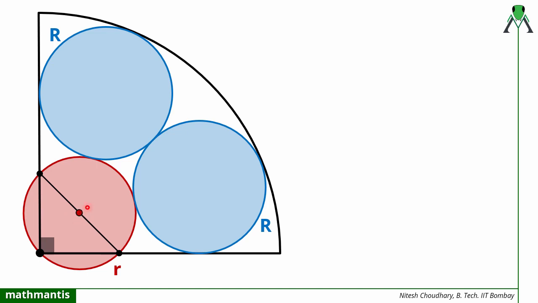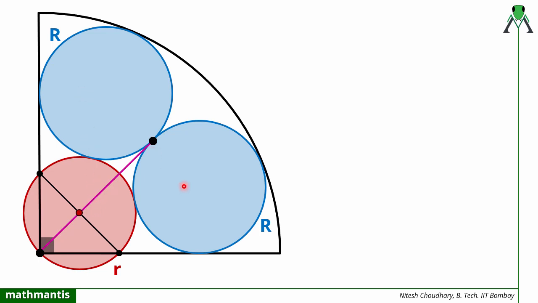Now let's move on to the point of touching of these two circles of equal radius. By symmetry we can say that the line joining the center of the quarter circle and this point of contact of these two circles of equal radius will pass through the center of this circle. That is just by symmetry.